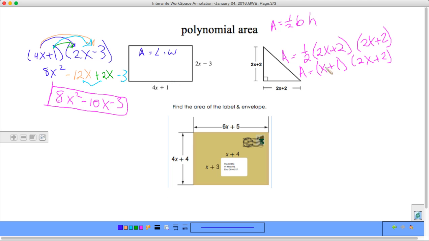And I'm going to multiply x times 2x and get 2x squared. X times 2 and get 2x. 1 times 2x and get 2x. And 1 times 2 and get 2. Now, I have 2, if it doesn't freeze on me.